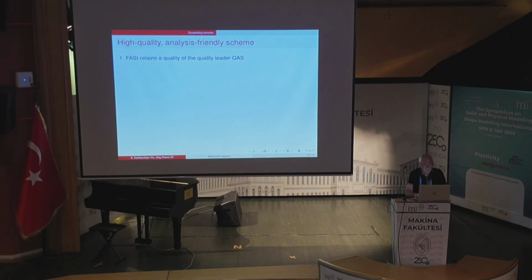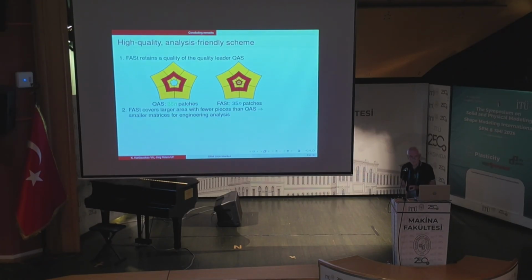And so, already concluding, I would say this new fast subdivision scheme retains really a high quality of the original quadratic-attraction subdivision. Let's call it Genoa, since it was 3 years ago. And what is important, the quality is retained but, as I showed, with considerably fewer pieces.